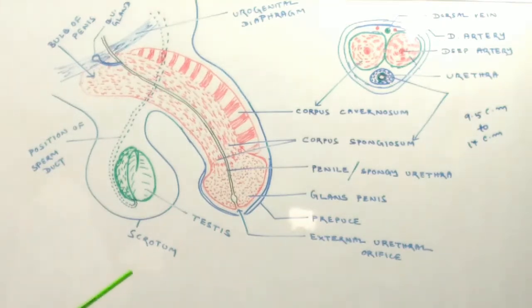Such problems become more likely if the area is not washed thoroughly and frequently. So one way of avoiding trouble is to perform a circumcision.